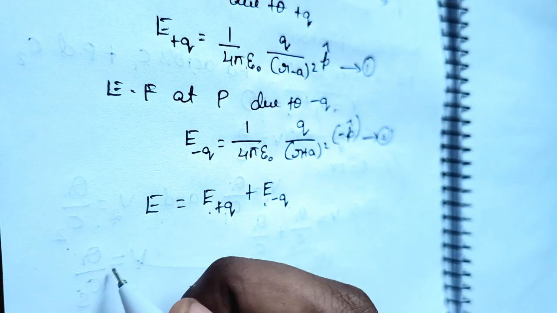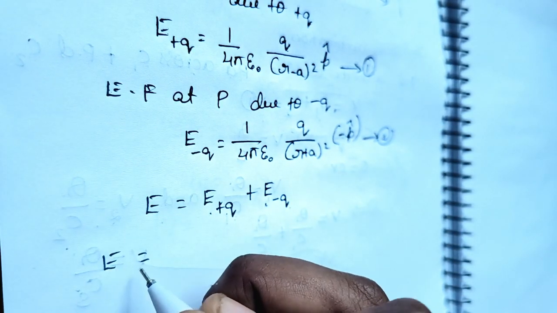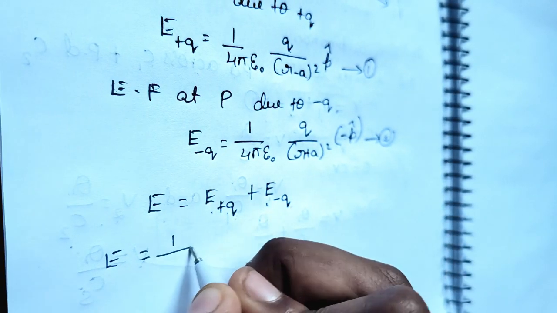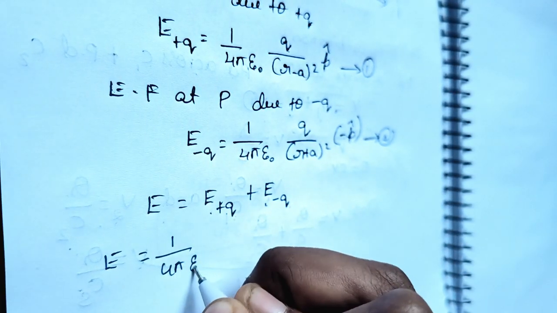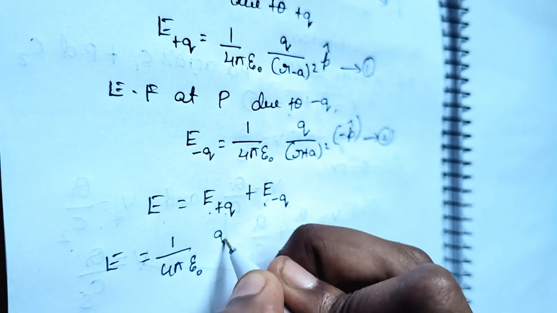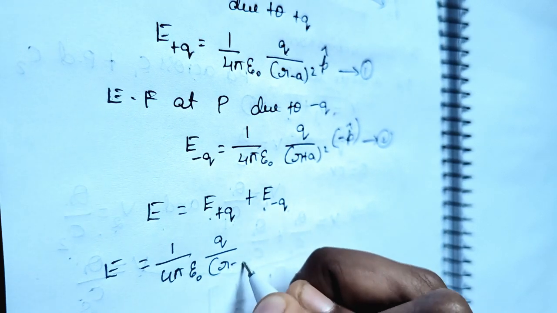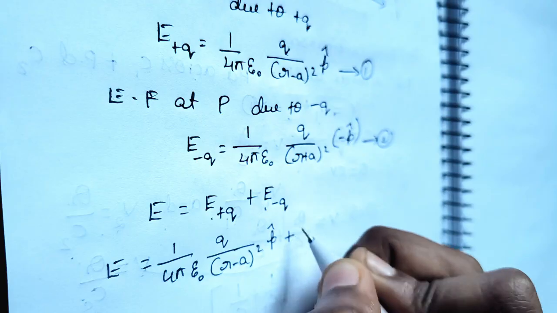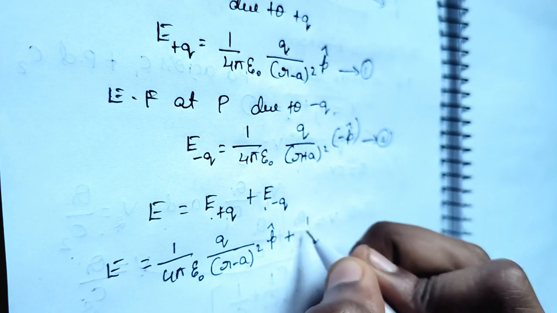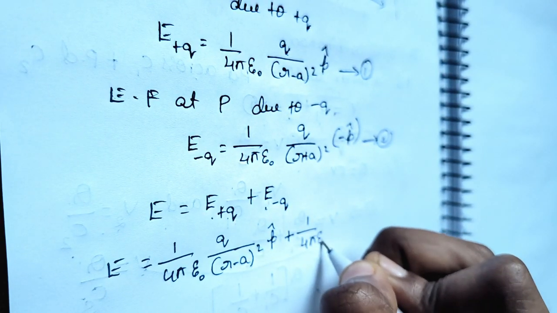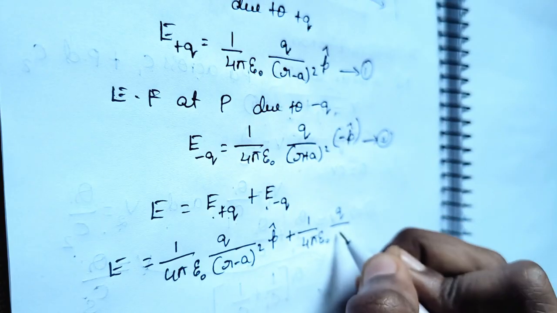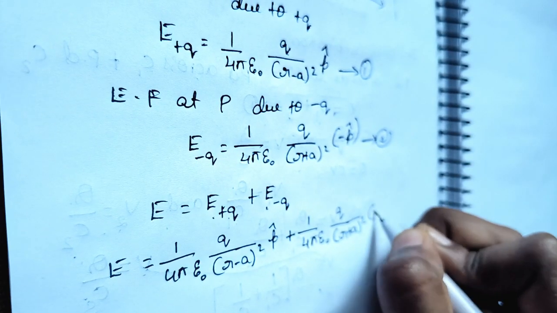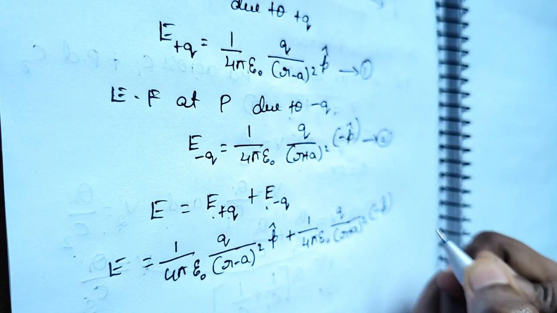So E is equal to, E plus q means equation 1: 1 by 4 pi epsilon naught q divided by r minus a whole square into p cap, plus E minus q means 1 by 4 pi epsilon naught q divided by r plus a whole square into minus p cap.